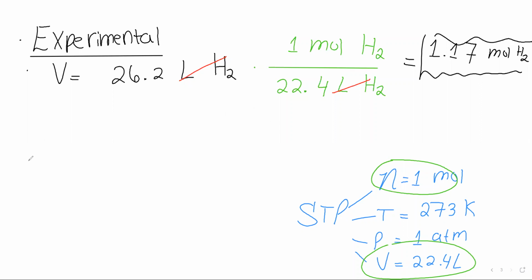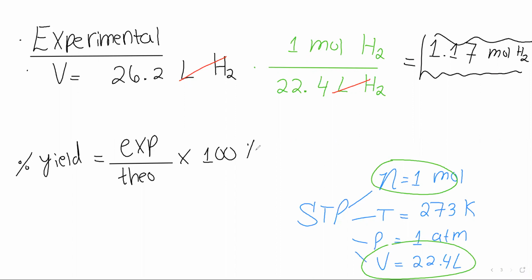So finally, the equation for percent yield should equal the actual or experimental yield measured in the lab over the theoretical yield, which is calculated, times 100, tack on a percent sign.